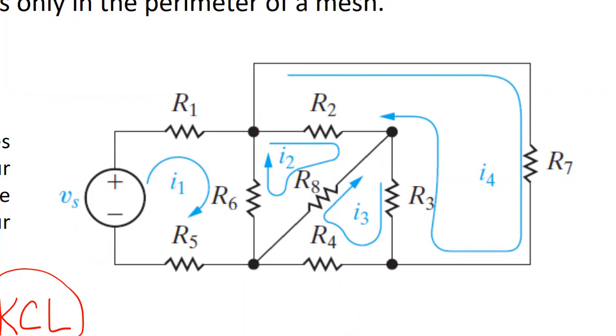At the same time, it is a circuit because the definition of a circuit is a network that has at least one closed loop or closed path. And in this circuit, I see that I have many closed paths or closed loops. Is the definition of the network and the circuit clear, please?